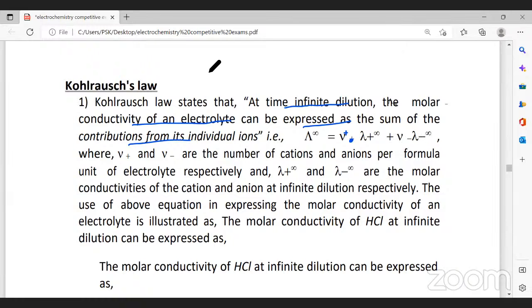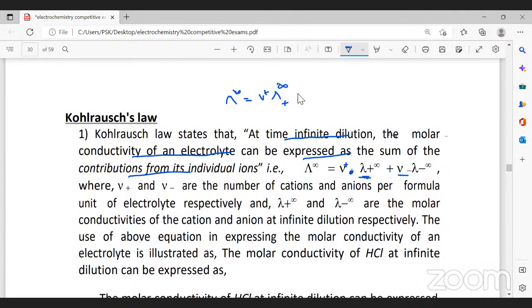Here nu plus is the valency of the cation, and nu minus is the valency of the anion. So we can write it as lambda infinity is equal to nu plus into lambda plus at infinite dilution plus nu minus into lambda minus at infinite dilution. This is the representation of Kohlrausch's law.